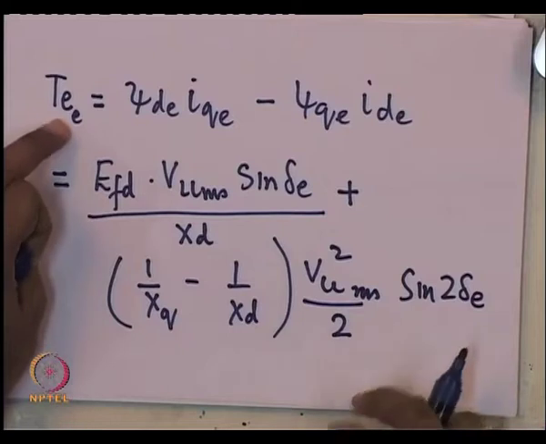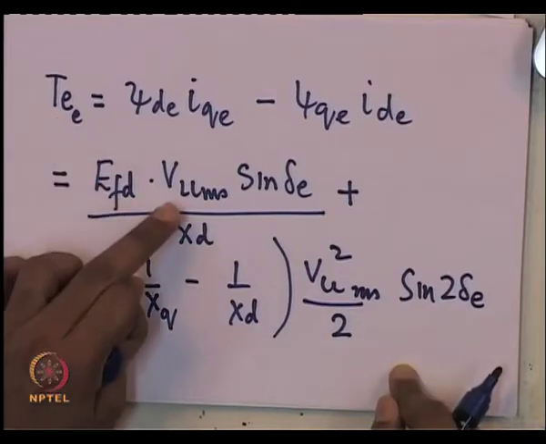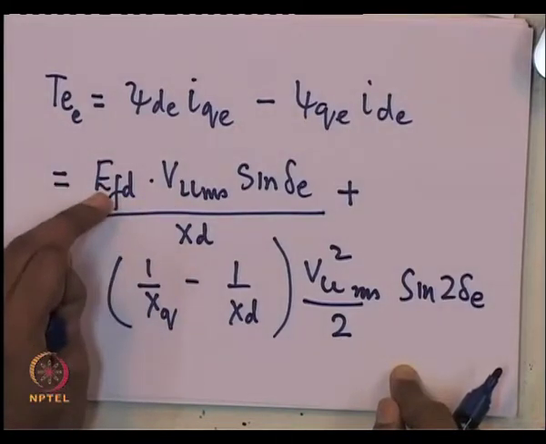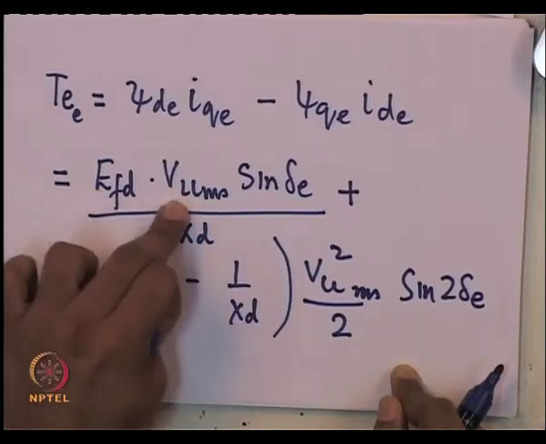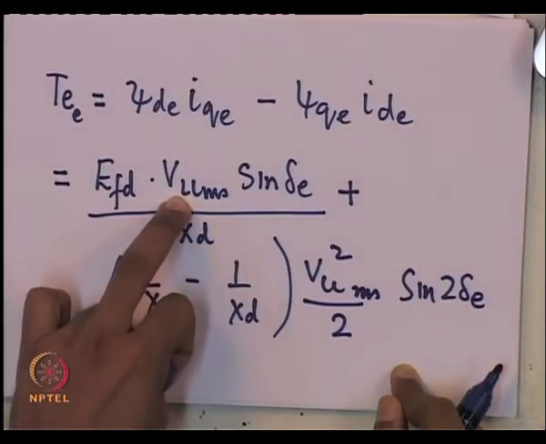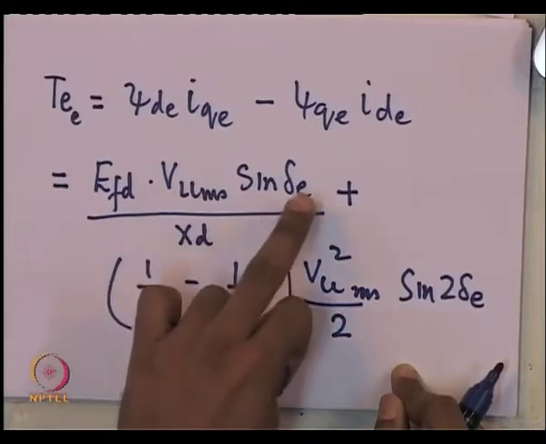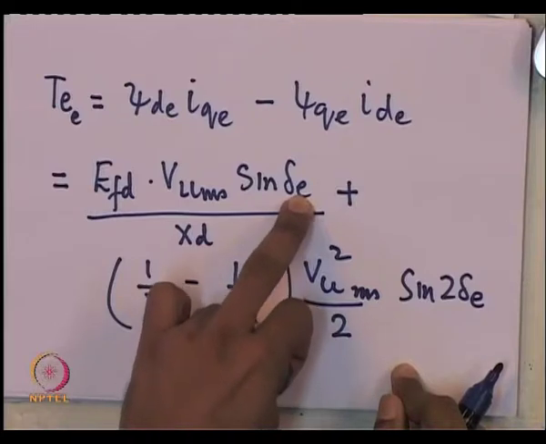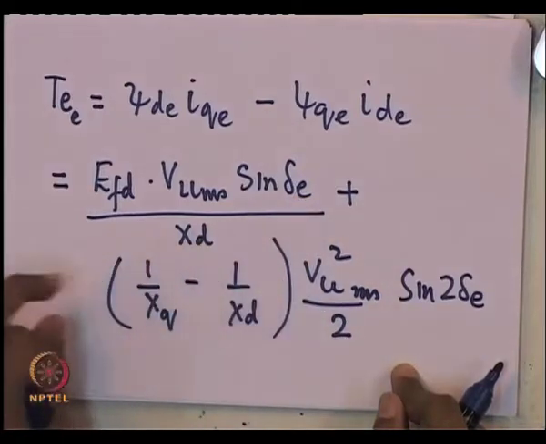So, the equilibrium value of the torque depends on the field voltage. V line to line RMS is the line to line RMS voltage of the voltage source to which the synchronous machine is connected. Delta e of course is the equilibrium angle.